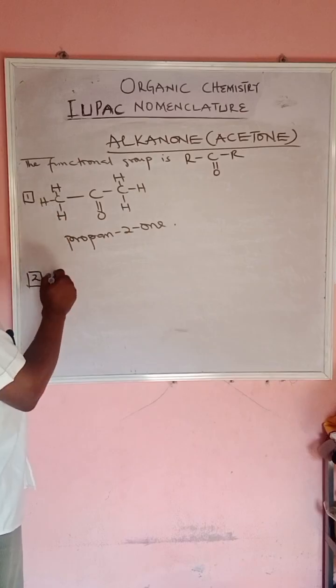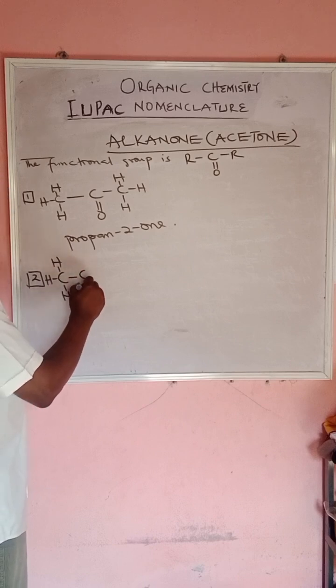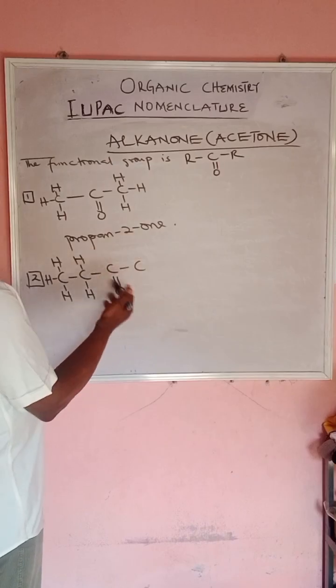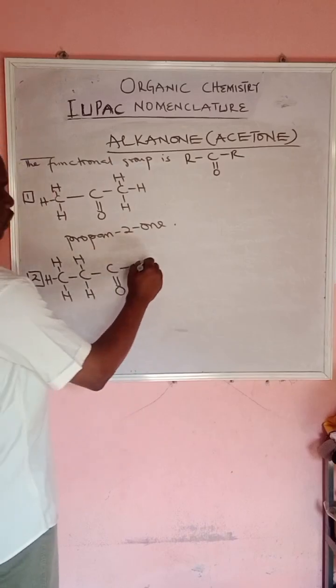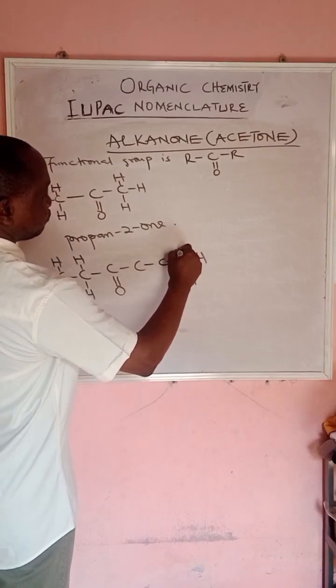So I can make this a T if I like. Put hydrogen here, hydrogen here, hydrogen here, hydrogen here, hydrogen here, carbon here, double bond. And I can leave it as 1, or I can extend it like this.